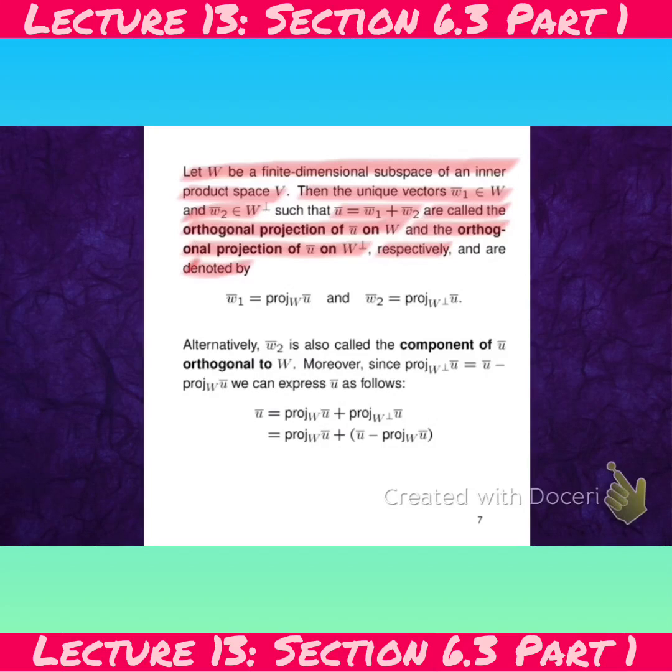And they are basically denoted by W1 and W2 respectively. Now, alternatively, W2 is called the component of U orthogonal to W. And moreover, the projection of U onto the orthogonal complement of W is simply U minus the projection of U onto W.